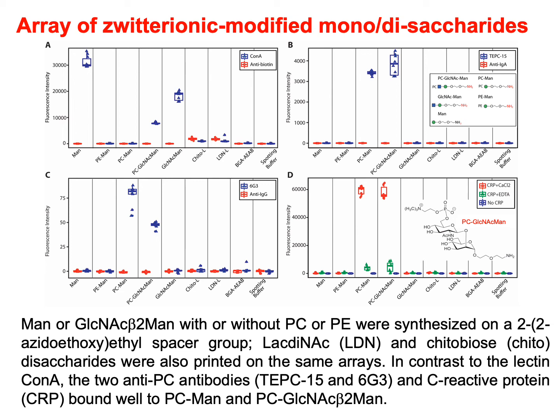In contrast, C-reactive protein, or the well-known anti-PC antibody TEPC15, or the anti-PC antibody 6G3, which is derived from Trichinella-infected rats, bound only to the PC-containing compounds, regardless of whether it was the mono or the disaccharide.